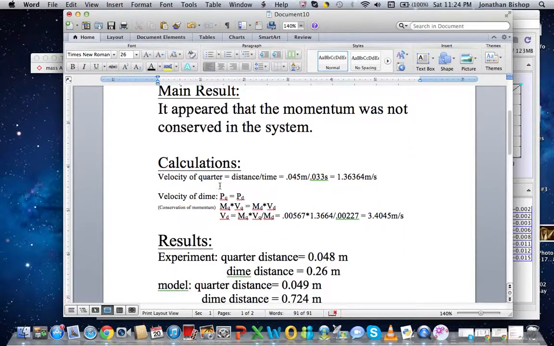So here are the calculations I used. For the velocity of the quarter initially, for the first delta t, I just took how far it traveled, which is 0.45 meters, over the time, which was 0.033 seconds, and I got this value. Then to find the velocity of the dime, I used the conservation of momentum: momentum of the quarter is equal to momentum of the dime, all within the same system.